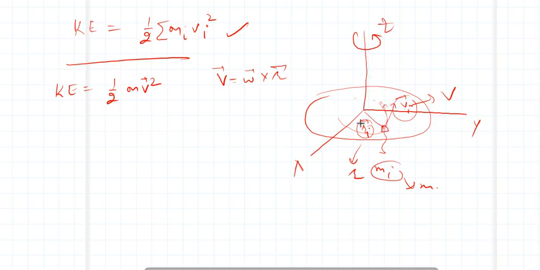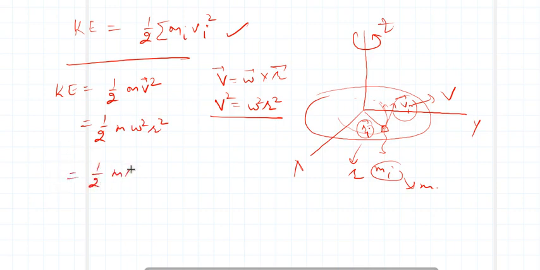So that means this omega is perpendicular to the r vector. So it is simply v is equal to omega r in terms of magnitude, because it's a square. So v square is equal to omega square r square. I can write it in this way. So it is 1 by 2 m omega square r square.